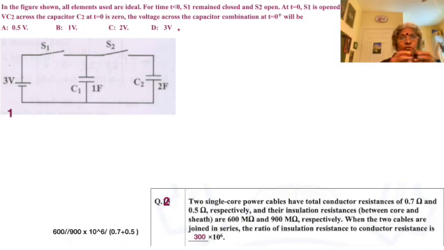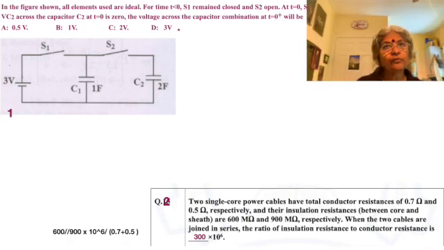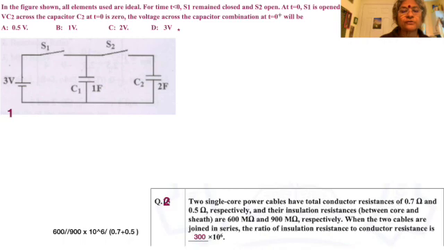It's a cable, so we have a covering for it, which gives rise to capacitance, and the capacitance also has a discharge possibility, so we have resistance also, and that's what is called the insulation resistance between core and sheath. The core is the conducting material, the sheath is the armor that is laid in the ground. 600 megaohm and 900 megaohm respectively. Obviously, they are of large values, since they are insulators.